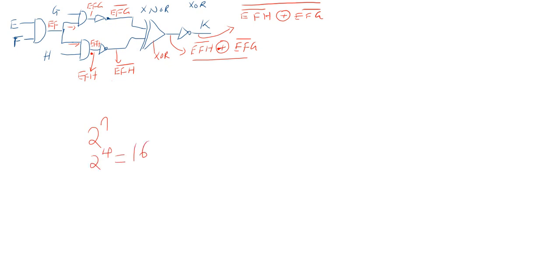We shall have 16 rows in our truth table. So let's draw our truth table with 4 inputs, which are E, F, G, H. So we have those inputs. So let's draw.